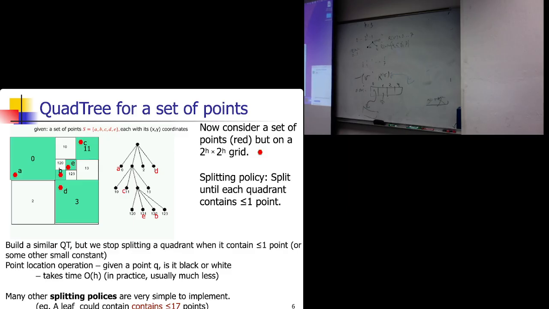The root asks, is in R of V, R of V is still the same, the whole region. R of the root is the whole region. Is in R of V, I have 1 or 0 data points. Now you have 5 of them, A, B, C, D, E, so you need to split. Splitting is still exactly in the middle, no matter how many data points I have in each quadrant.